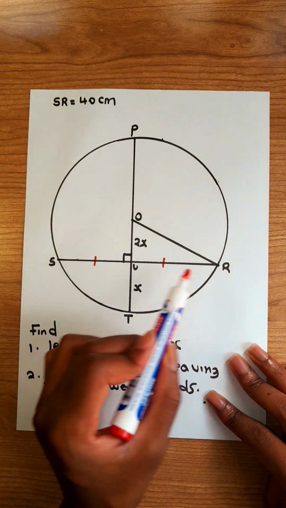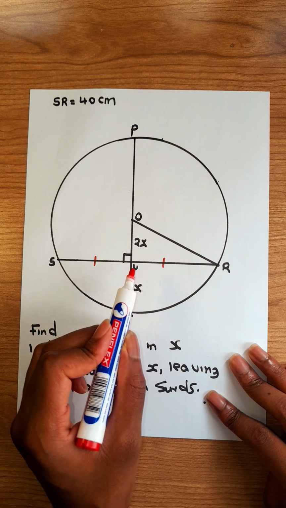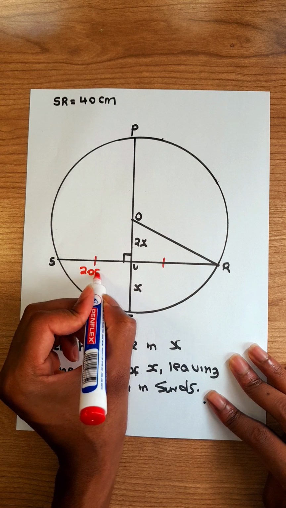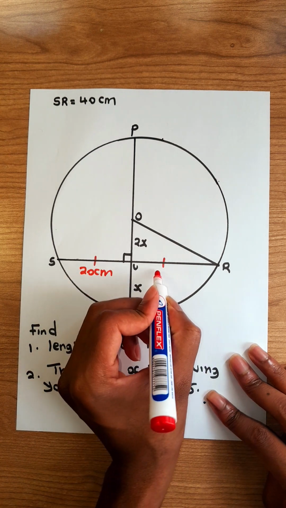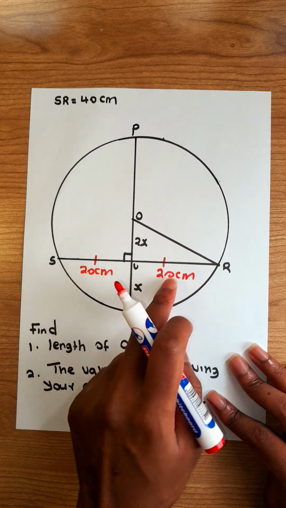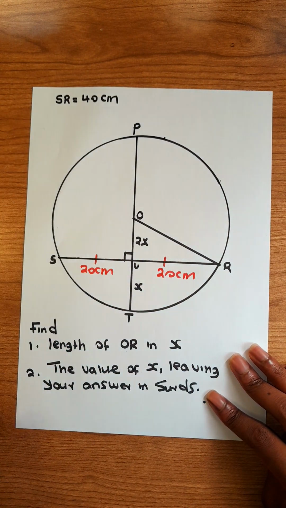If SR equals 40 centimeters and SU equals UR, it means that SU is going to be 20 centimeters and UR is also going to be 20 centimeters, so that when we add these two, it gives us SR, that is 40 centimeters, right?